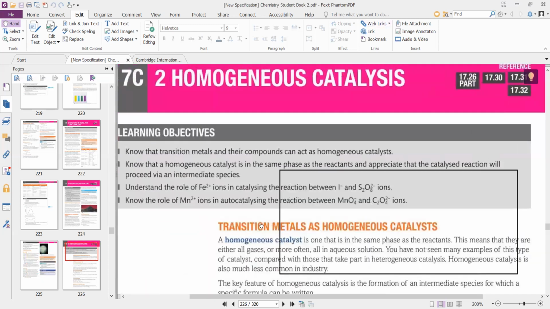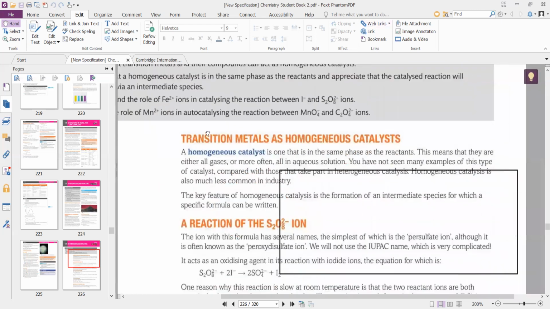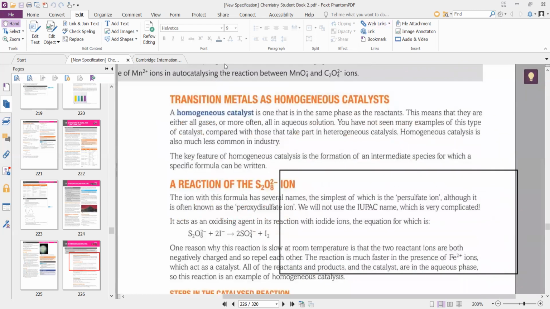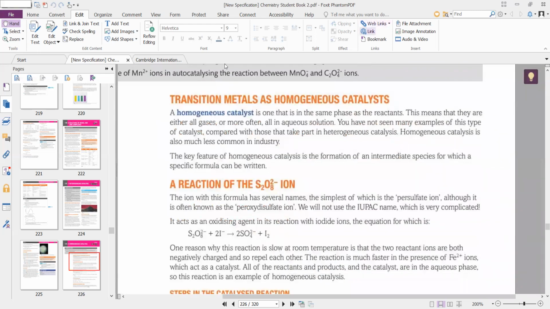Next topic, homogeneous catalyst, and the subtopic, transition metals as homogeneous catalysts. Write down: homogeneous catalyst.